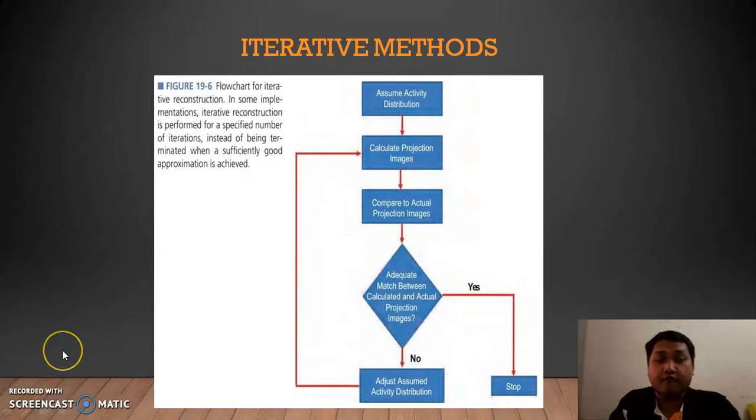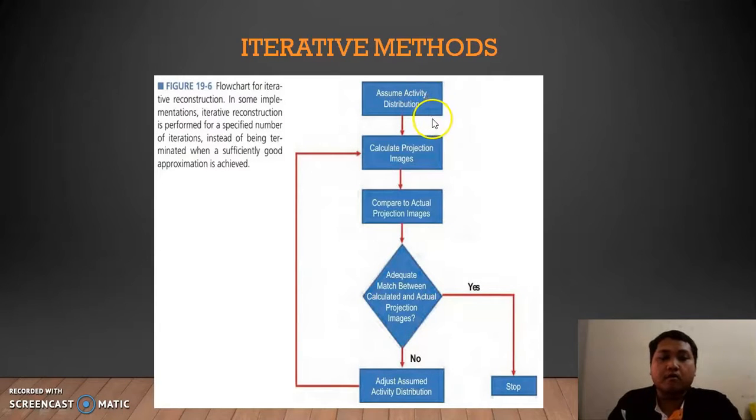For the part of image reconstruction of SPECT and CT, which uses the iterative method, we can see the image. It is the flow of the iterative method: start by assuming an activity distribution, then continue to calculate the projection image. After that, it compares with the actual projection image, and so on. For the first step of the iterative method in the SPECT modality, we assume the activity distribution of the radiotracers in the patient.